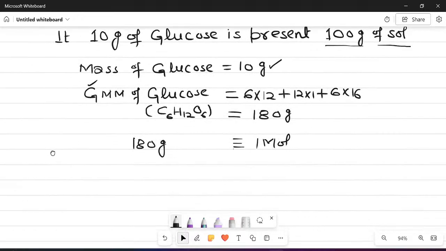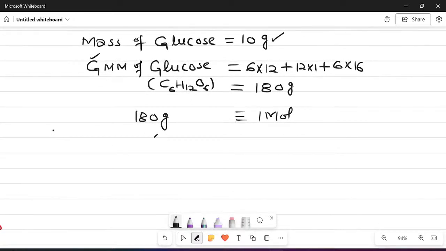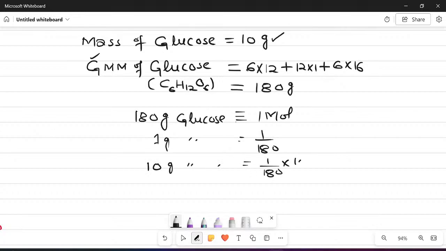So 1 gram glucose is equivalent to 1 by 180, and 10 gram of glucose is equivalent to 1 by 180 into 10, that is 1 by 18, that is equivalent to 0.055 mole.